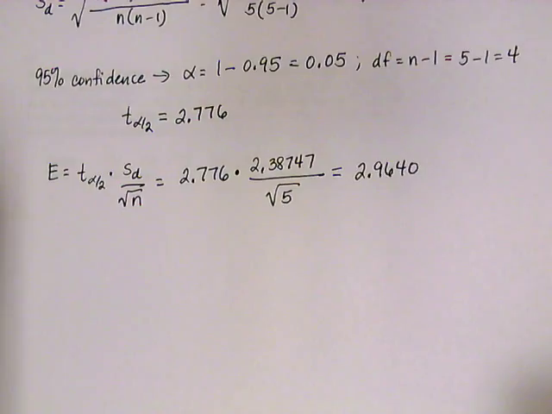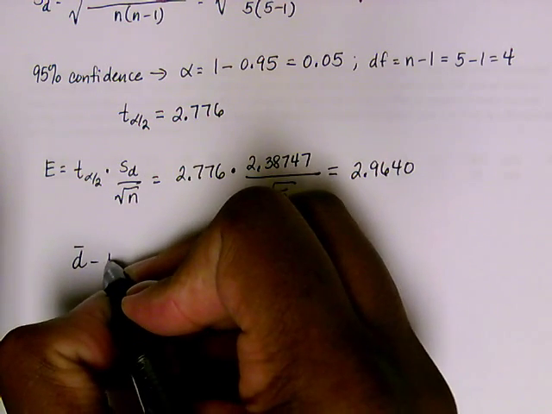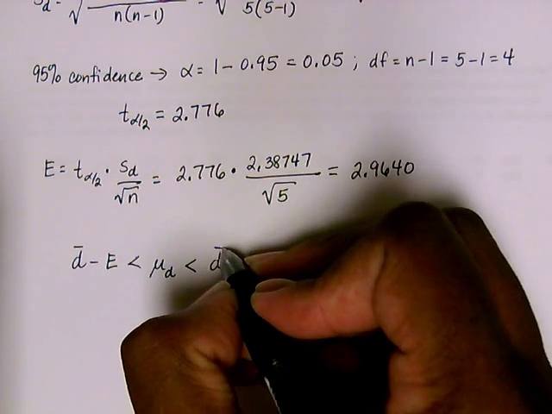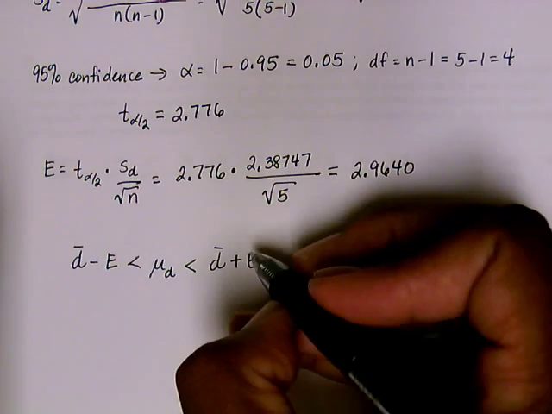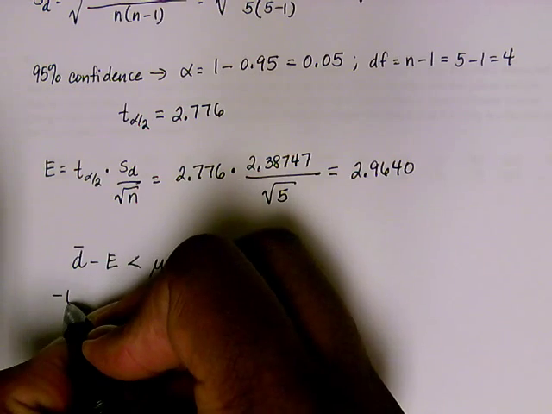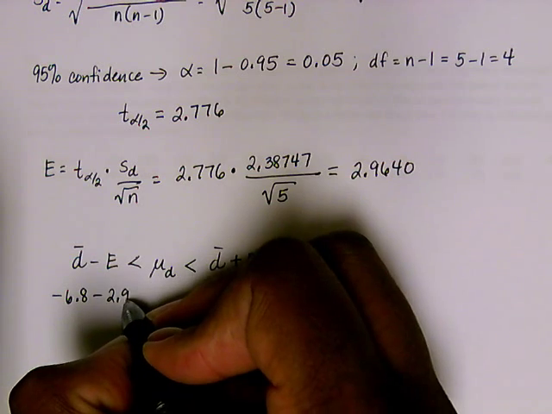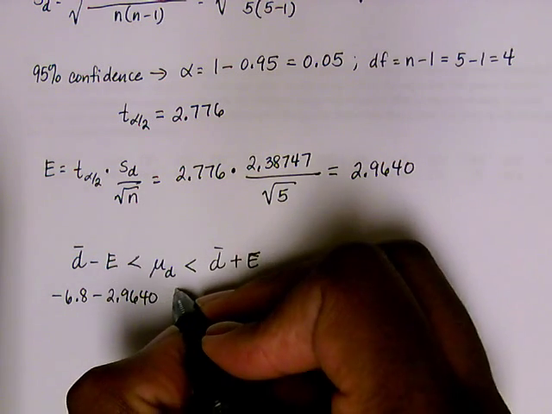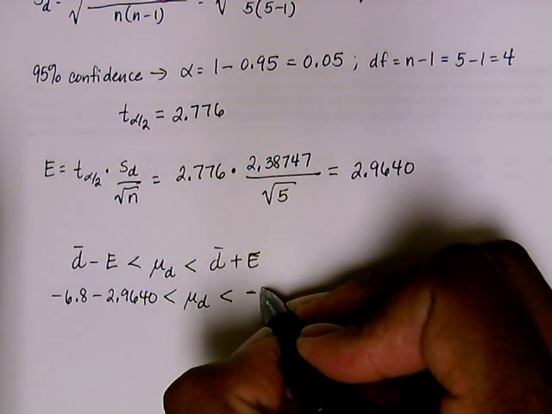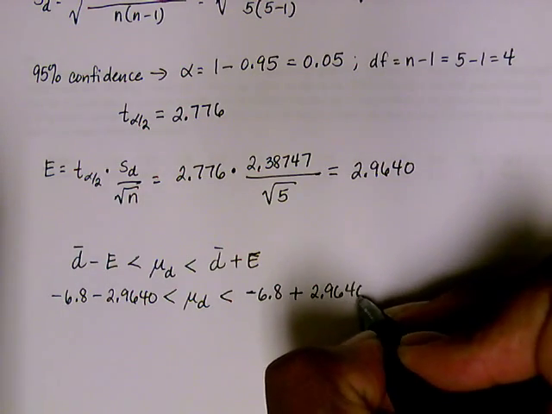So here we can construct our confidence interval, which is D bar minus E, that's less than mu sub D, and less than D bar plus E. Now my D bar was negative 6.8 minus 2.9640, that was the margin of error, that's less than mu sub D, less than negative 6.8, this time is going to be plus 2.9640.